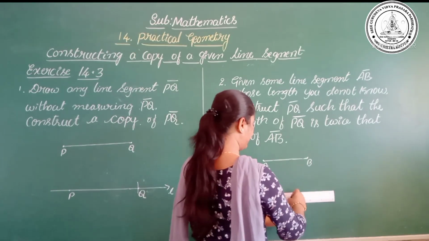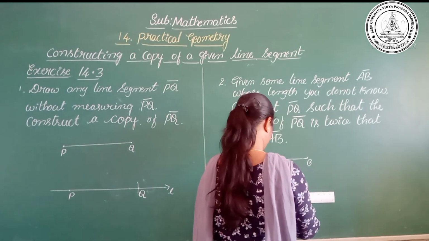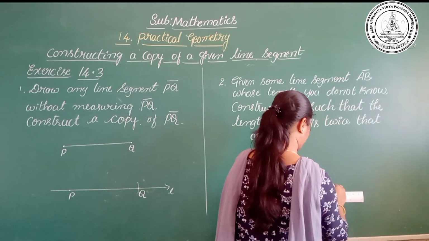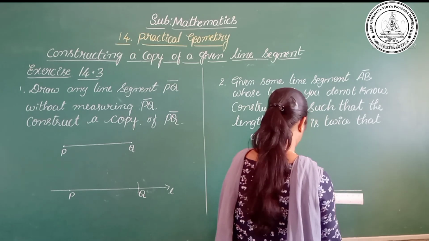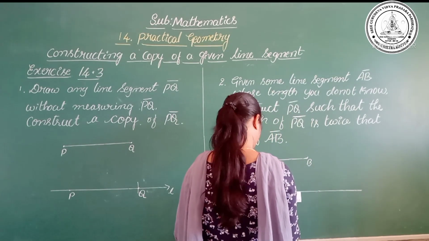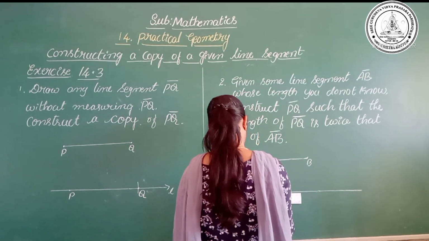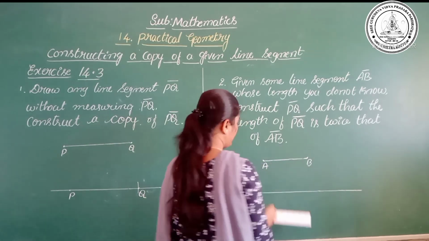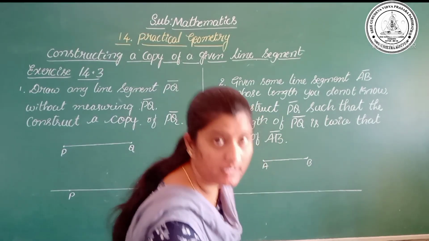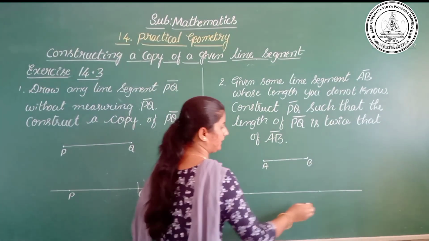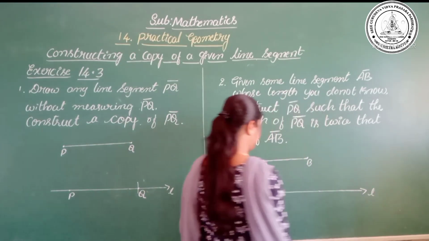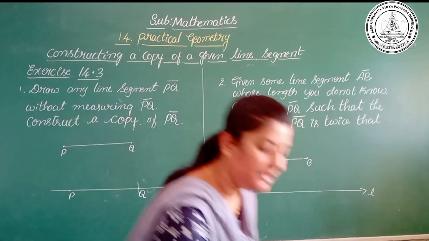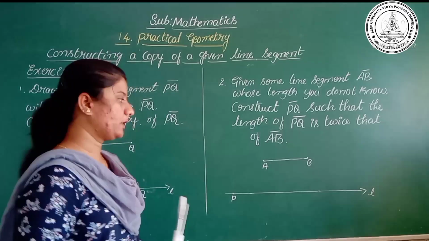So first draw a line L. It is the line L. So mark here the point P on the line L, and then measure the line segment AB using the compasses.